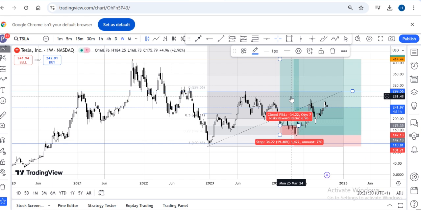That simply tells you that we are risking 1 ratio, and what we are risking, we are making 6 times plus an extra value. I don't know if you get what I'm saying.